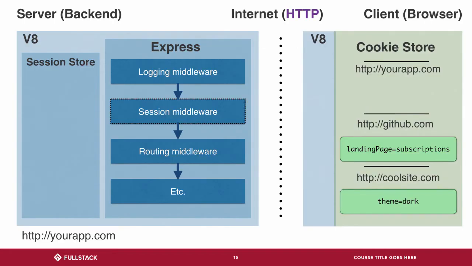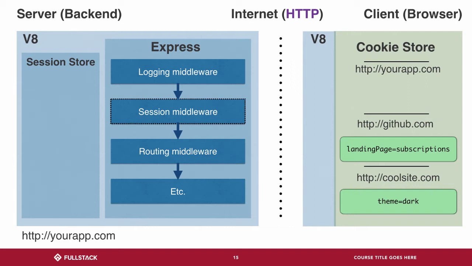If we were to give a little bit of a demonstration of this: on the left, we're looking at our backend. We have this Express application that's got a bunch of pieces of middleware in it. There is a session store on the server.